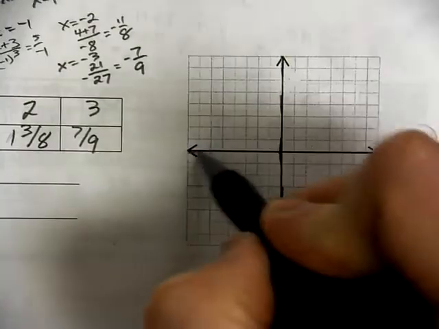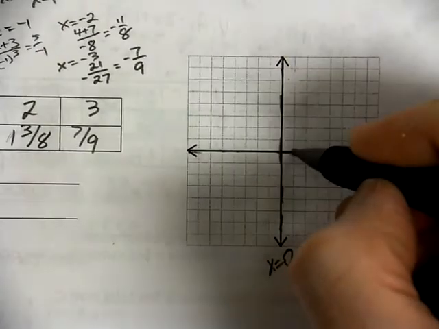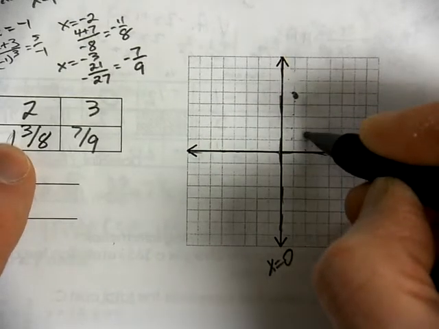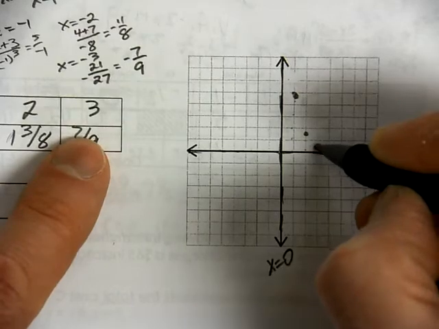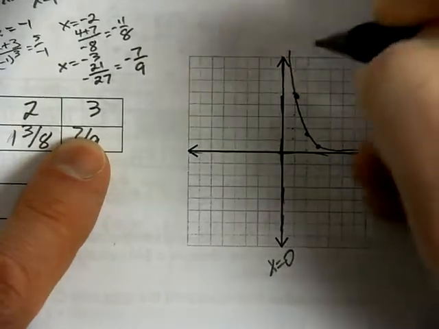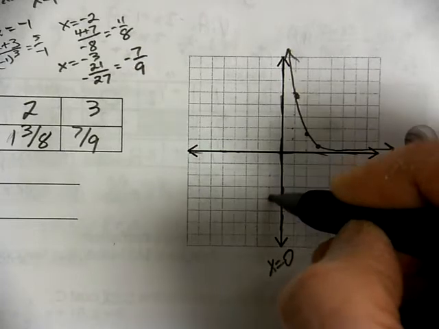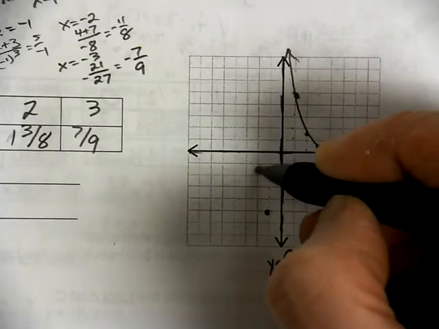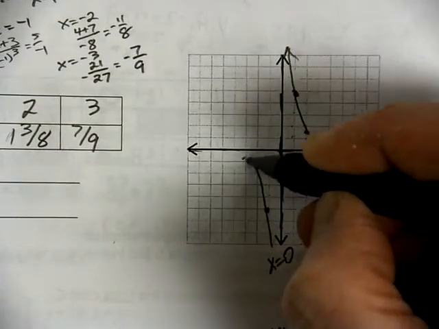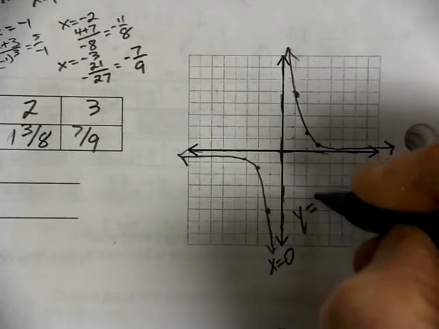Go to our horizontal asymptote, which is y equals 0. Plot our points. You can see that this first branch is going to approach the asymptotes nice and smoothly. And the second branch, write your equation.